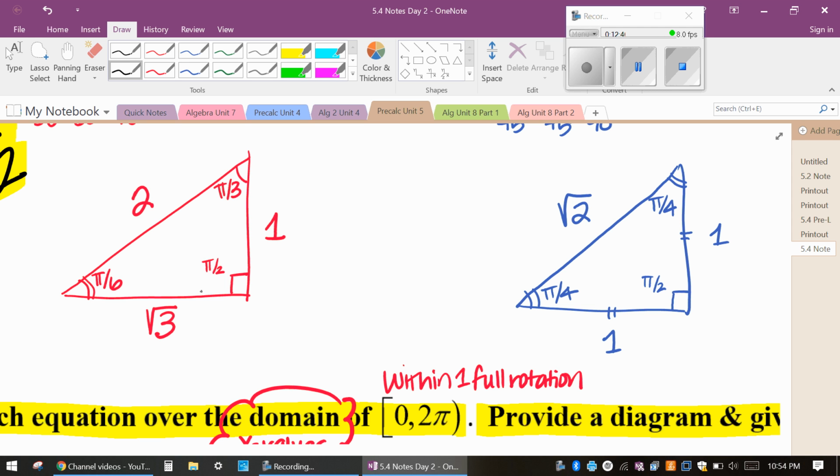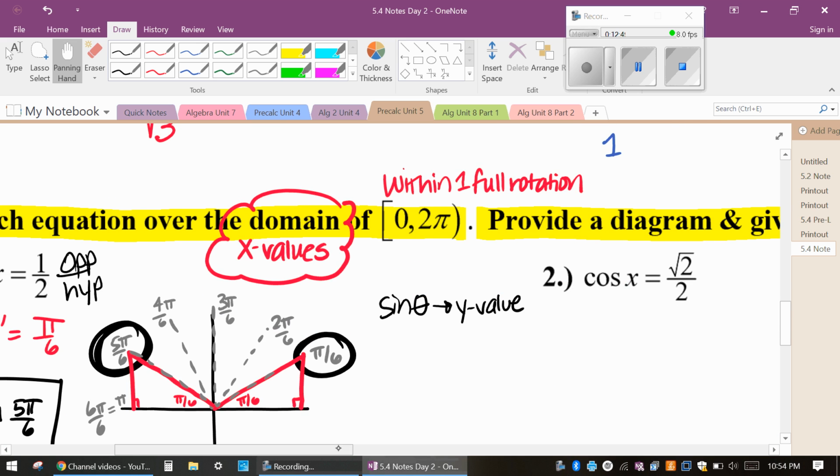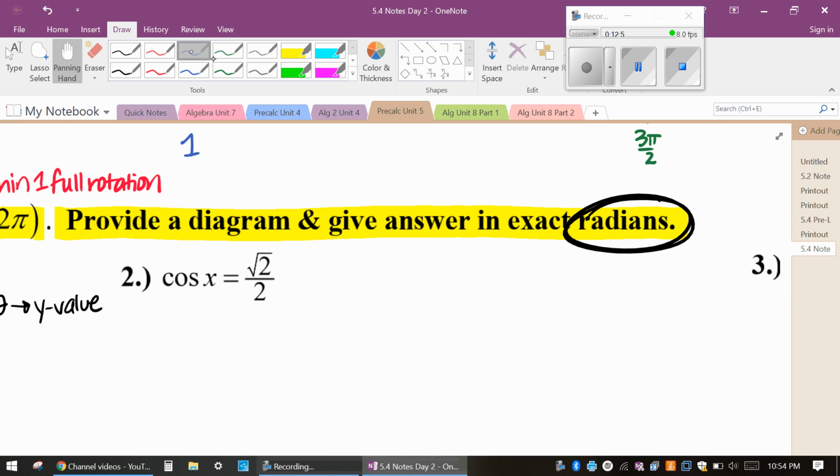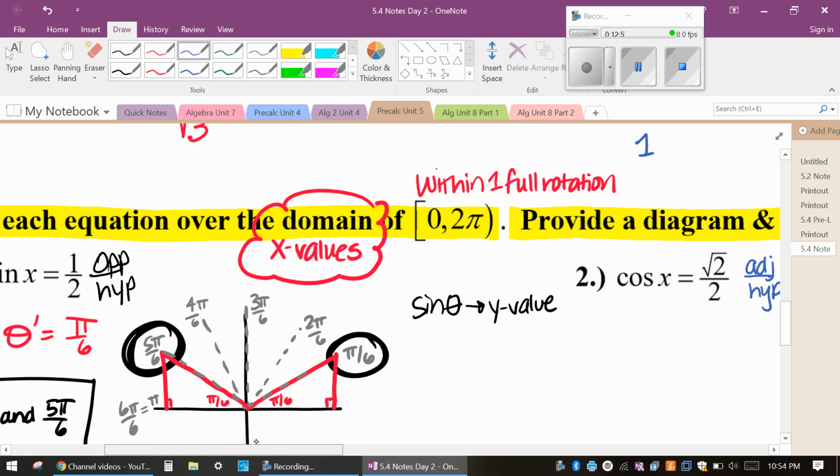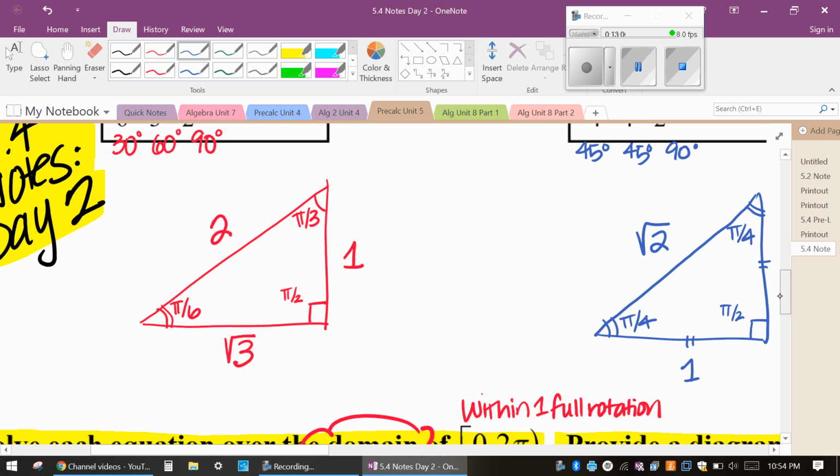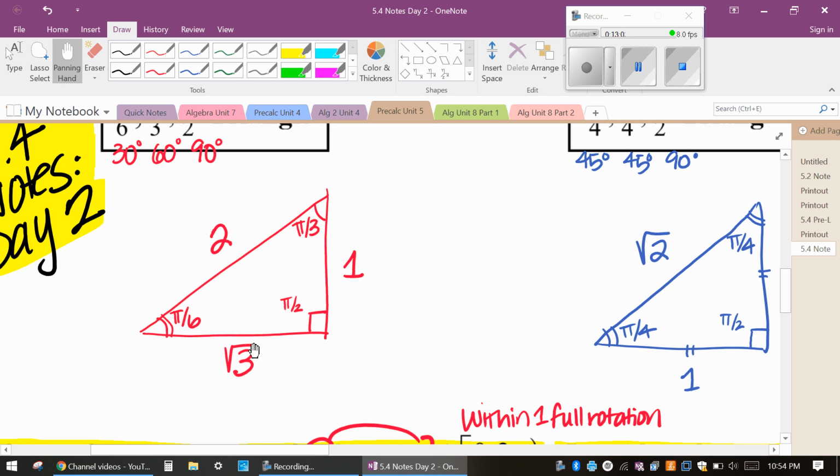So you're going to start with the first triangle, right? Let's say you choose pi over 6. If I do adjacent over hypotenuse, which is what cosine is, then using pi over 6, adjacent over hypotenuse is not root 2 over 2.